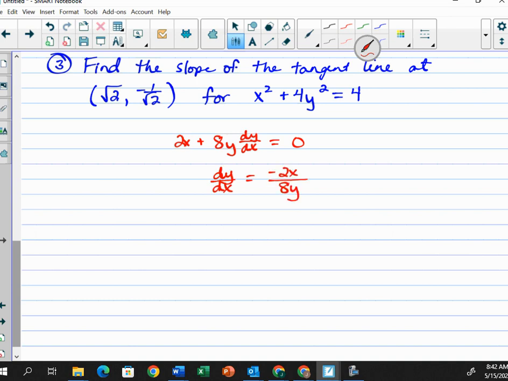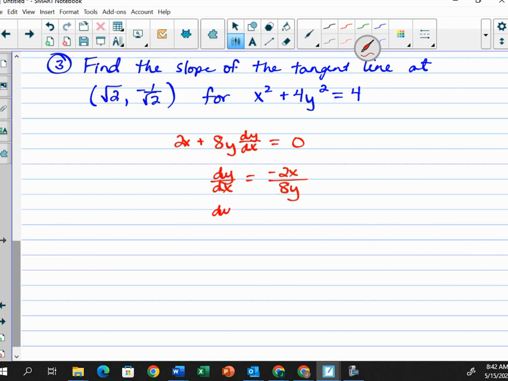The derivative of 4 is 0. Is it not necessary to bring the y to the other side? It doesn't matter. You can move it first if you want, but you don't have to.